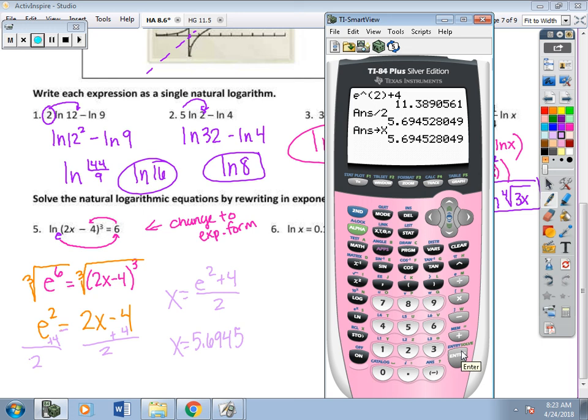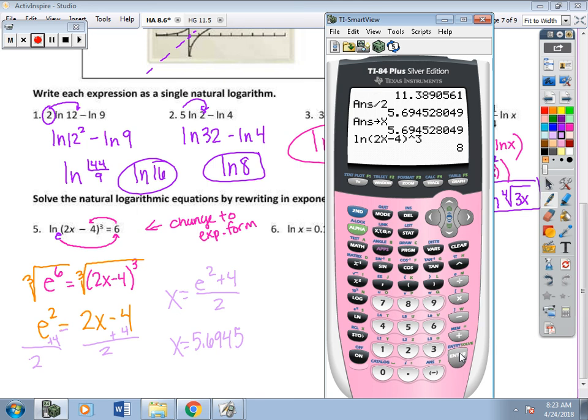and rewriting in the original equation, which was natural log, parentheses 2x minus 4, close parentheses, caret 3. And we do not get my answer. What did I do wrong?